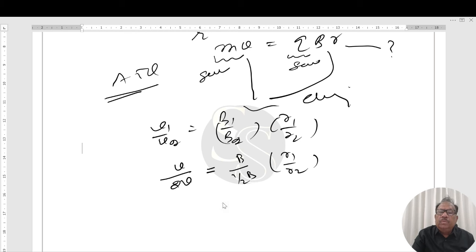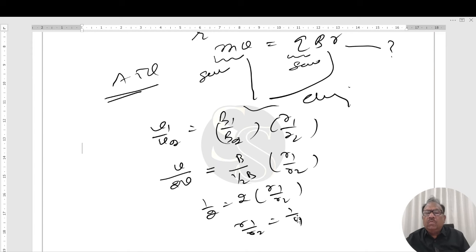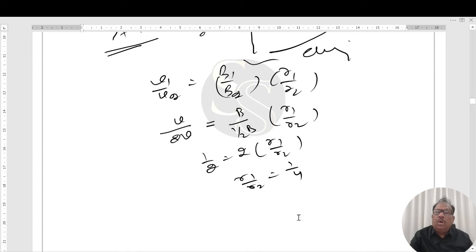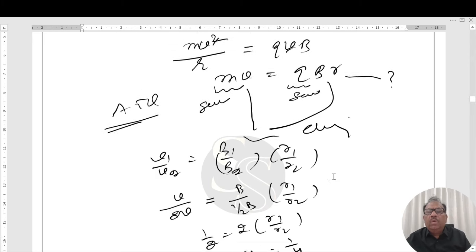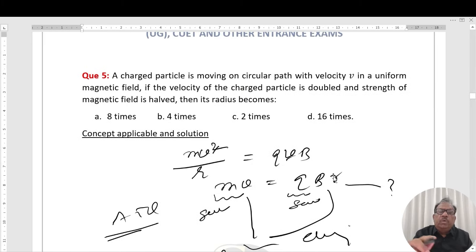So this becomes 1 by 2 equal to 2 R1 over R2. R1 over R2 will be equal to 1 by 4. R2 will become 4R1, means the radius will become 4 times. What was the requirement? Option B is the correct option here, right?